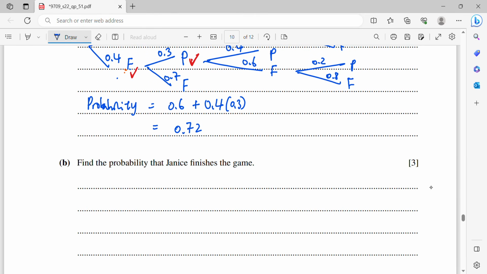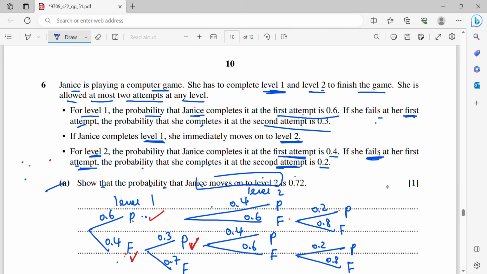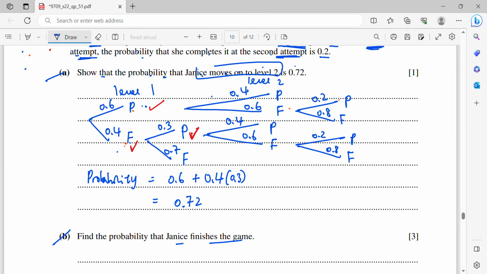Now, B, find the probability Janice finishes the game. Okay, so finishes the game means that she has to pass both. Alright, so just now my explanation is basically for the B. So which means pass, pass, pass, fail, pass. Okay, it could be fail, pass, pass, the green color, or fail, pass, fail, pass.